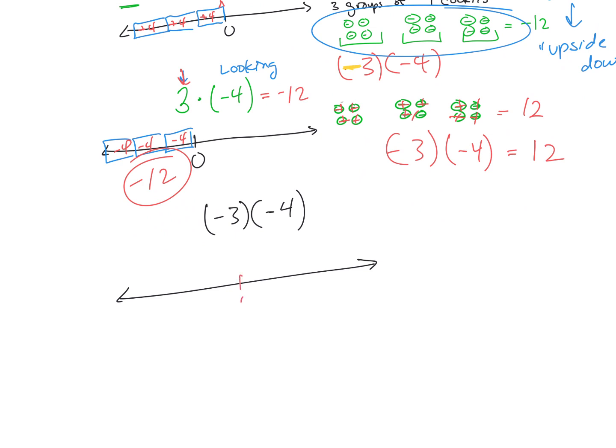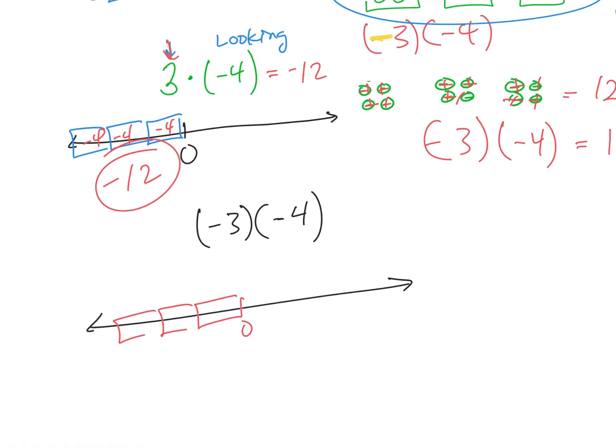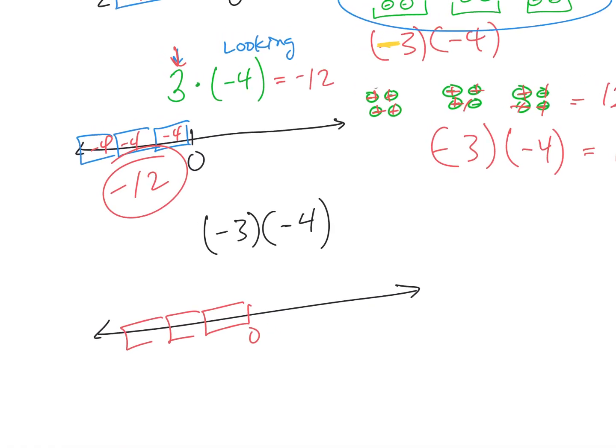So we're at 0 as we have been, and I want to walk back 3 steps. Back 3 groups, right? But now, and this is kind of weird, I'm facing backwards from backwards, okay?